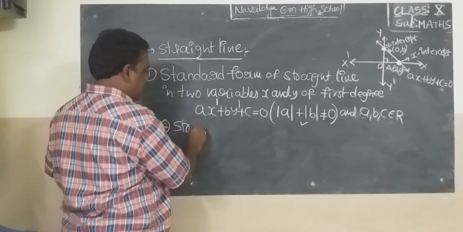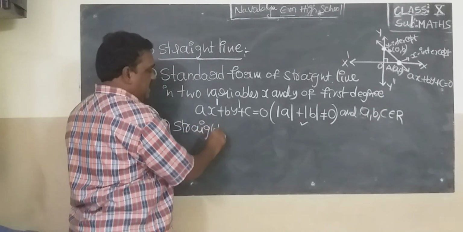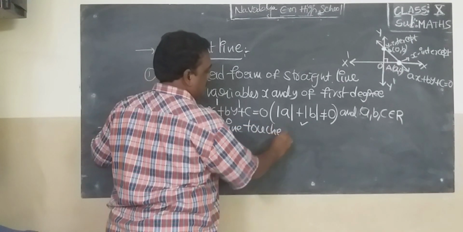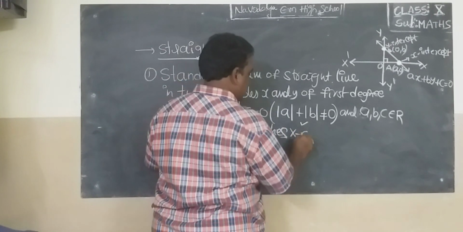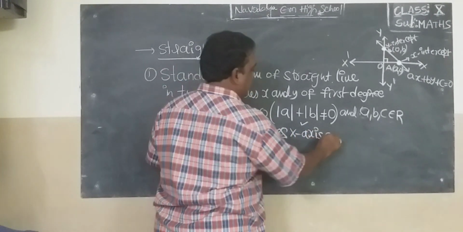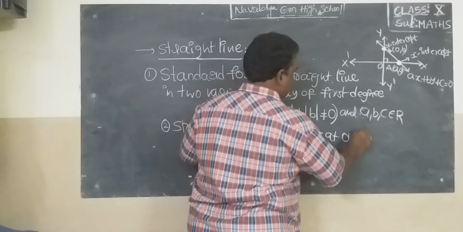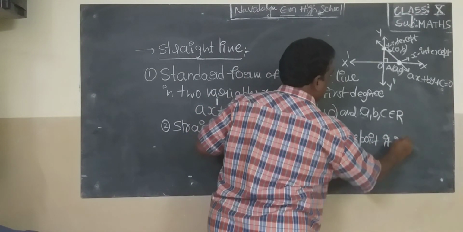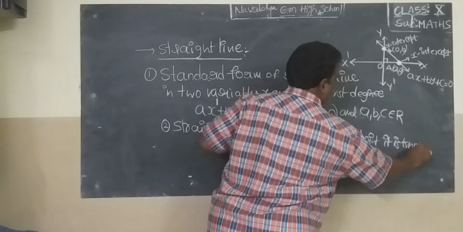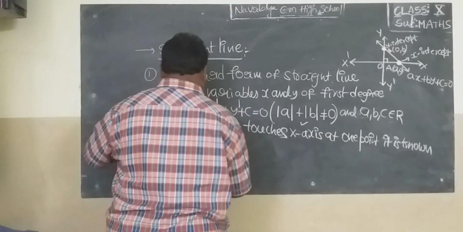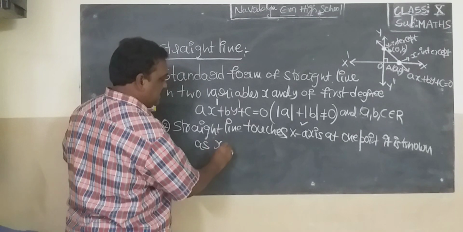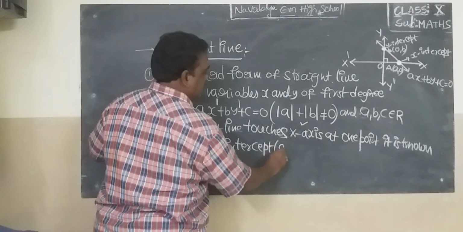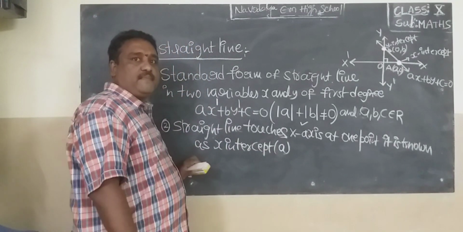A straight line touches the x-axis at one point. It is known as x-intercept, and it is represented by small a.